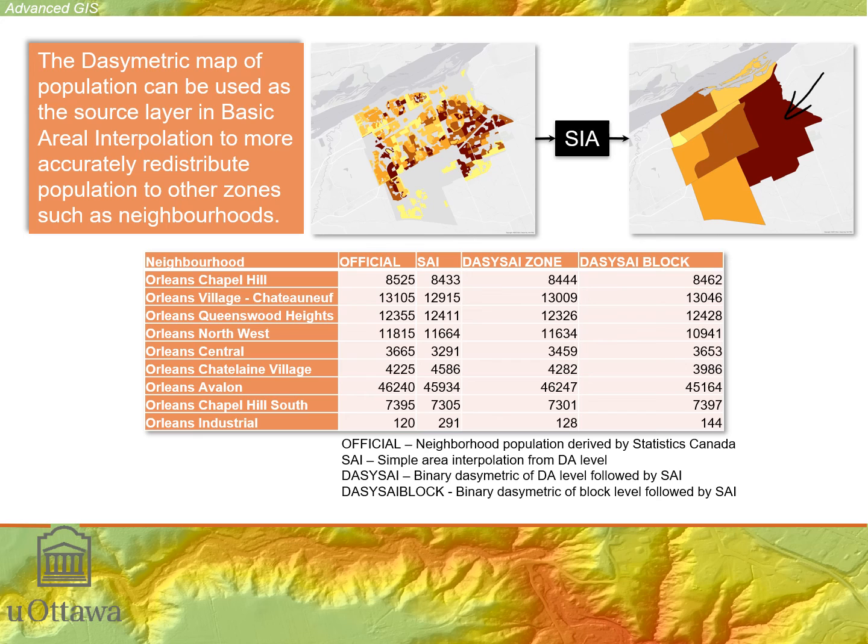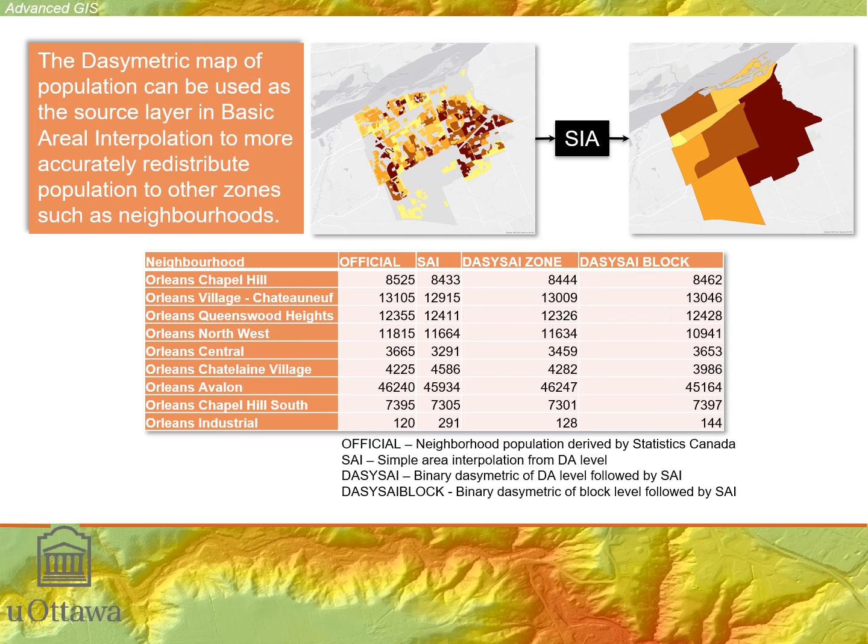These are ONS neighborhoods. And we'll get a more accurate transfer using basic area interpolation with this as the source area rather than just DAs, because these are much smaller than DAs. And so we've really got a spatially focused population.